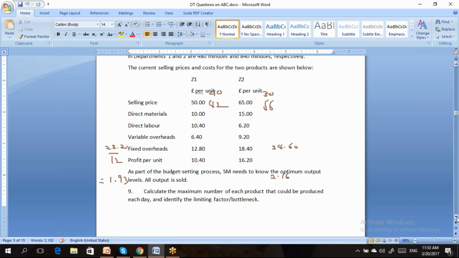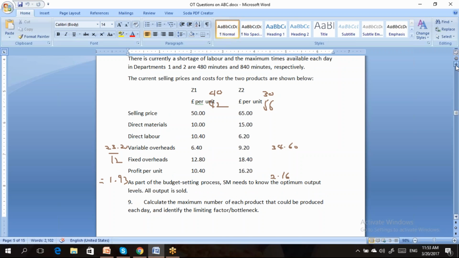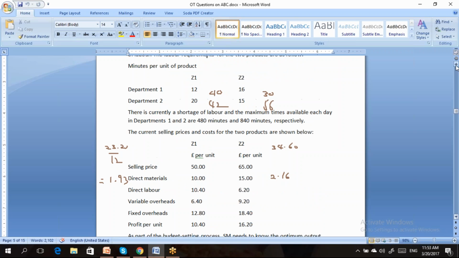With the 480 minutes, we can produce how many units? We can produce 30 units. How did you get 30 units? We have only 480 minutes each day, and each unit of Z2 takes 16 minutes, and that is my priority product.